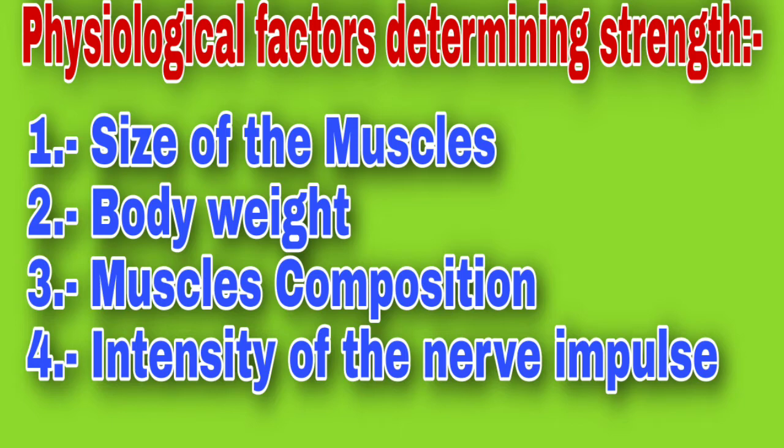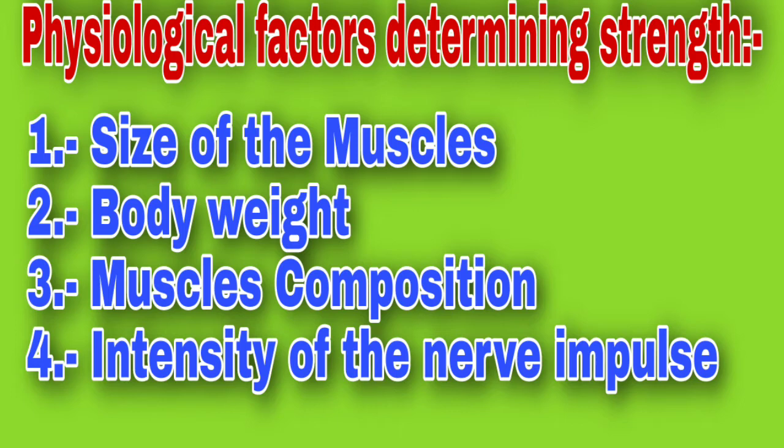Now let's know about the intensity of the nerve impulse. What is it? A muscle contains a number of motor units. The total force of the muscles depends upon the number of contracting motor units.